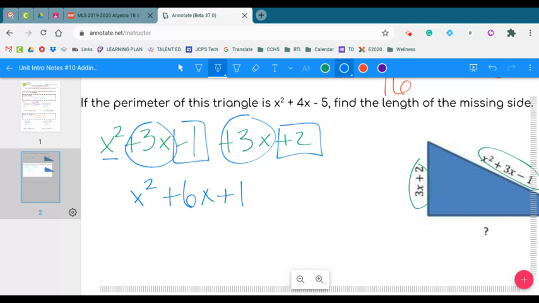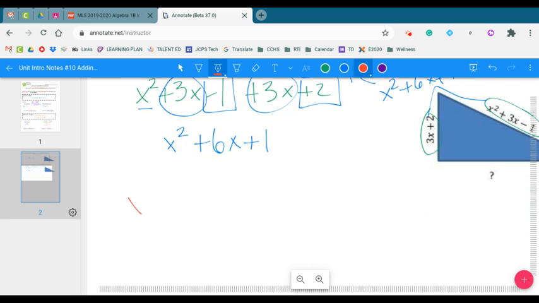So this is my sum of my 2 sides. So then I'm going to take this and I'm going to subtract it from our total. So I'm going to bring down my total, which is x squared plus 4x plus 5, which they give me in the problem. I'm going to put that in parentheses because I'm going to subtract the sum of those 2 sides from that.